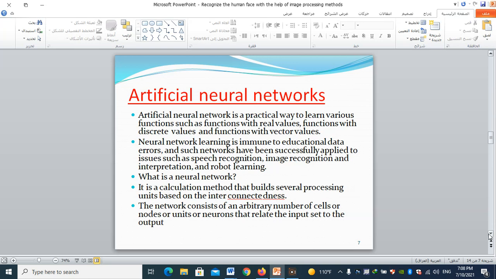What is a neural network? It is a computational method that builds several processing units based on interconnections. The network consists of an arbitrary number of cells or nodes or units or neurons that relate the input to the output.